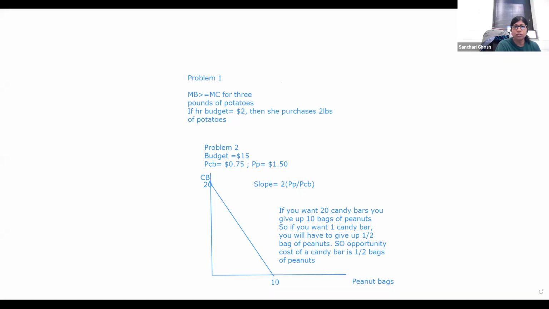So going back to these questions, the budget line does not provide information on how many to buy. It gives us information about opportunity cost though. And if the budget increases, we purchase more.